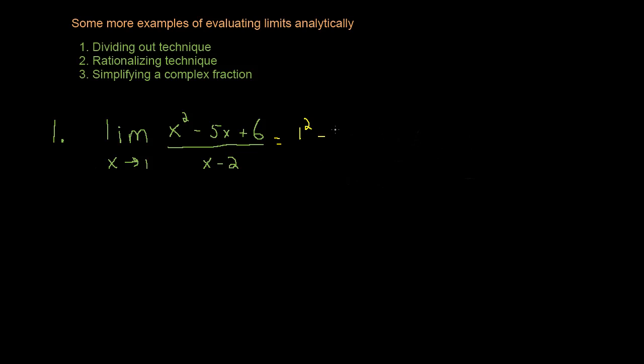I get 1 squared minus 5 times 1 plus 6 in my numerator, and in the denominator I get 1 minus 2. Okay, a little arithmetic here. 1 squared is 1, minus 5 is negative 4, plus 6 is 2, over negative 1 in the denominator.